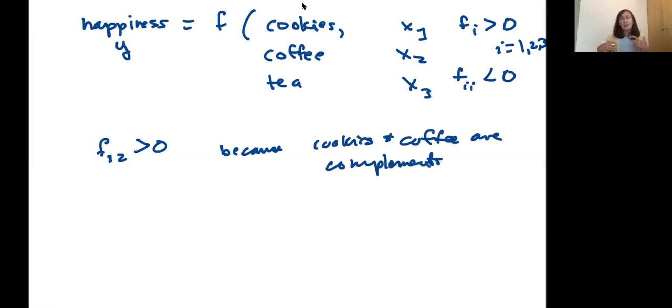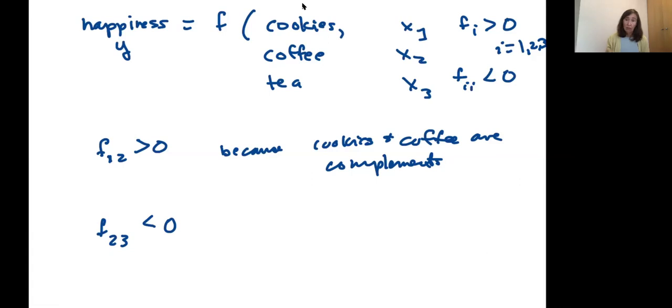Again, I guess you could do it with quantity. To me, it doesn't quite work with quantity, but with quality, it really does. The better the quality of one, the more the quality of the other impacts your enjoyment. But the cross partial between coffee and tea, I would say, is negative. Okay, the better the coffee, the less I care about the quality of the tea, because maybe I'm not drinking it, and vice versa.